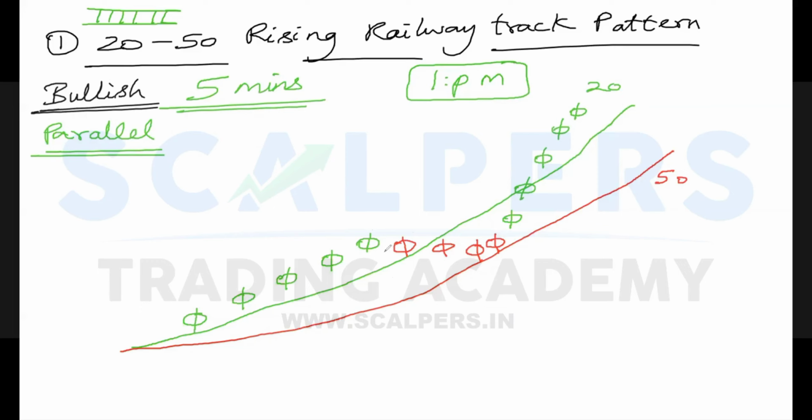So the first point is the candles will take support at 20 SMA, or the candles will take support at 50 SMA. Anywhere the candle will take support.